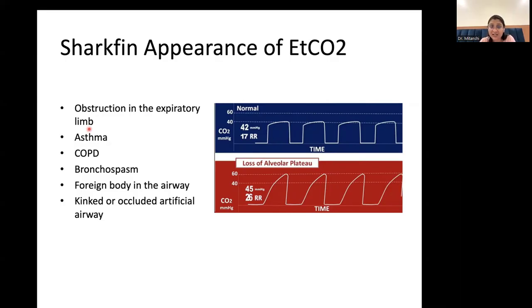That will cause obstruction. There is asthma and COPD. Asthma and COPD both have narrowing of the airway lumen. So your air is not expiring out properly, and that obstruction in expiring the airway gases is causing an increase of CO2 levels, right? So this is bronchospasm. Bronchospasm, you might feel it's very rare, but it's a very common thing to happen in COPD patients and while we are giving general anesthesia.